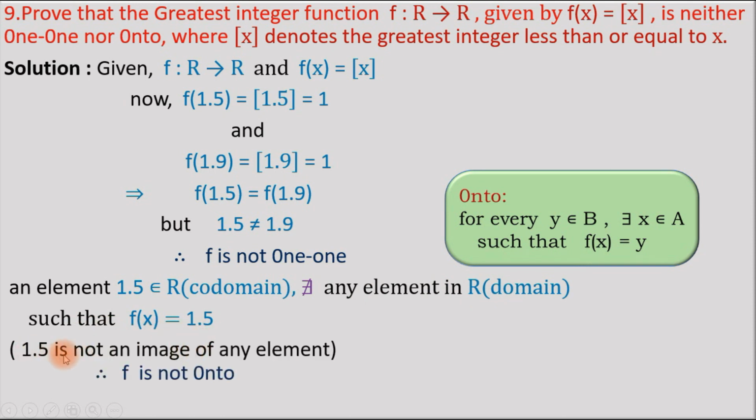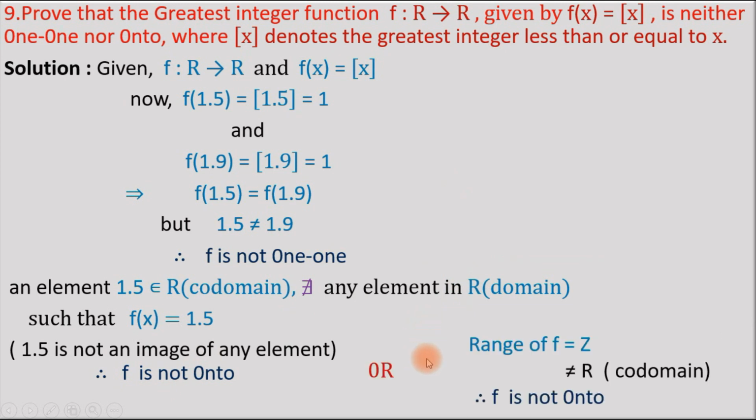That means 1.5 is not an image of any element. This function is not an onto function. Or the range of this function is the set of all integers, which is not equal to the real number codomain. This function is not onto. Hence, this function is neither 1-1 nor onto.